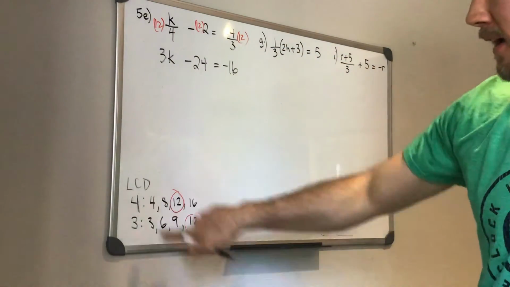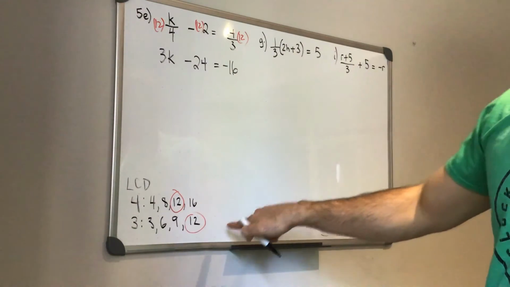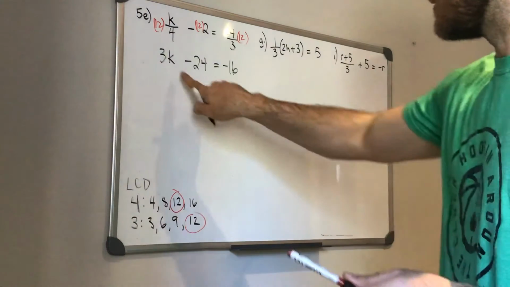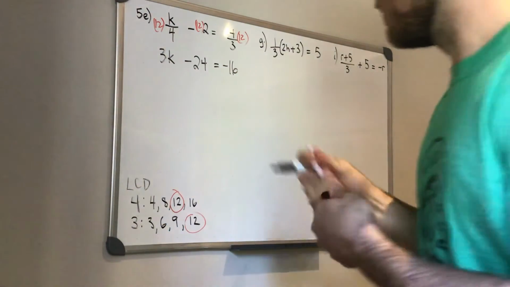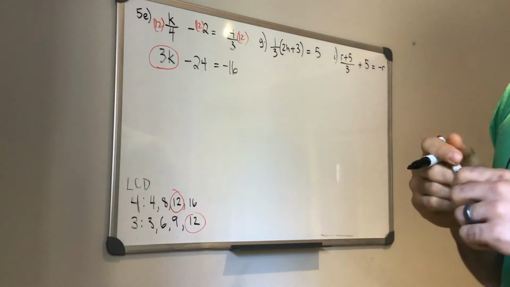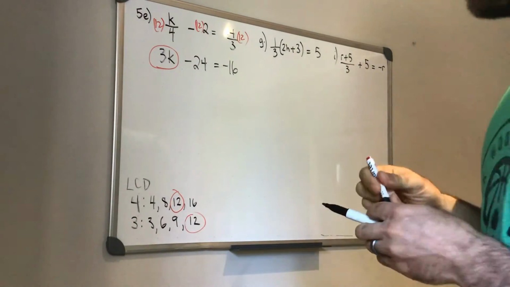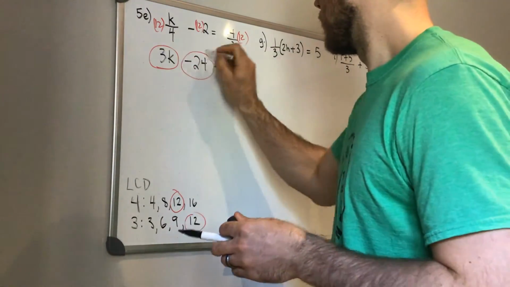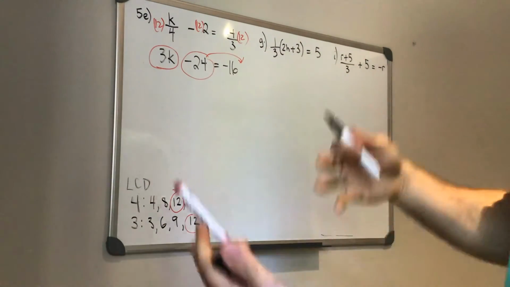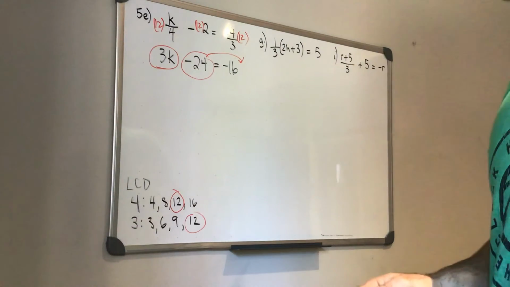So we had to find a common denominator when there were two fractions involved. From here, I've got my variable term. I want to keep that one right where it is, but I want to move this one to the other side so that we can have our constants on the right side of the equation.